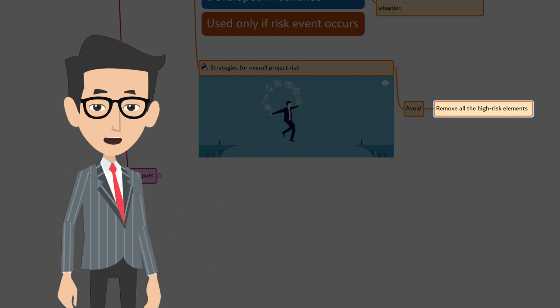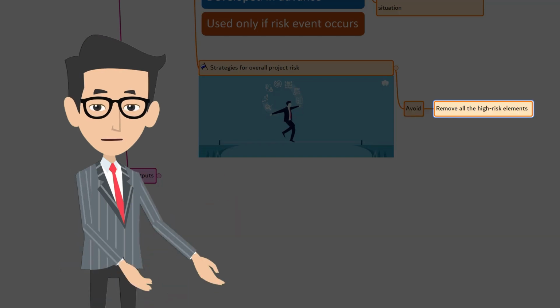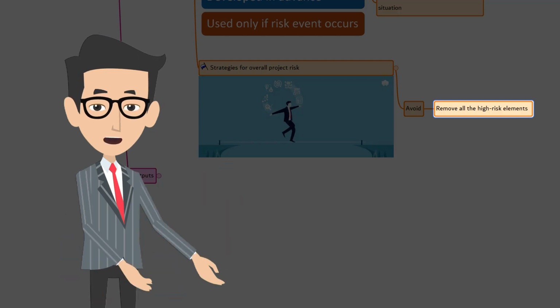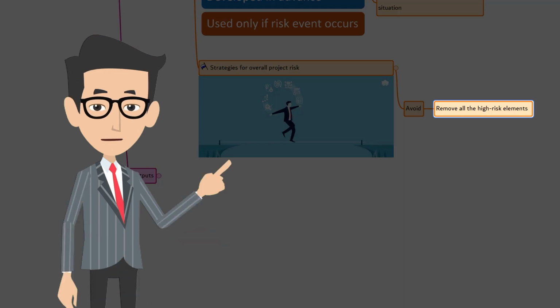One example of avoidance of overall project risk is to remove all the high risk elements from the scope of the project. If it is not possible to bring the project back within the threshold, then you may cancel the project. Of course, this represents the most extreme degree of risk avoidance, and it should be used only if the overall level of threat is and will remain unacceptable.